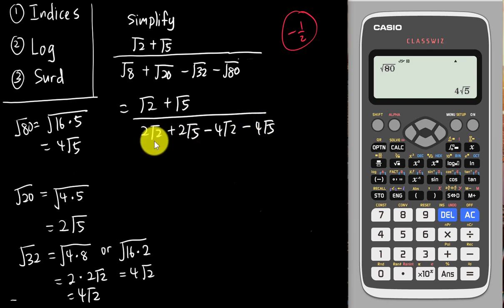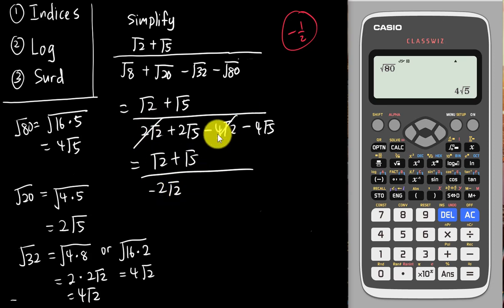So you just imagine surd 2 is like A, surd 5 is like B. A can only plus or minus with A, B can only plus or minus with B. So the top I will just copy. The bottom, I will do 2A minus 4A, so you get negative 2A. Then this one is 2B minus 4B, so you get minus 2B.